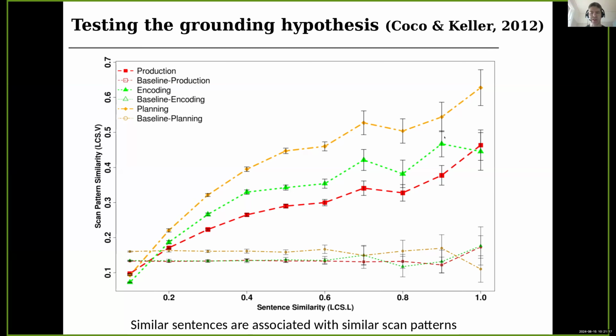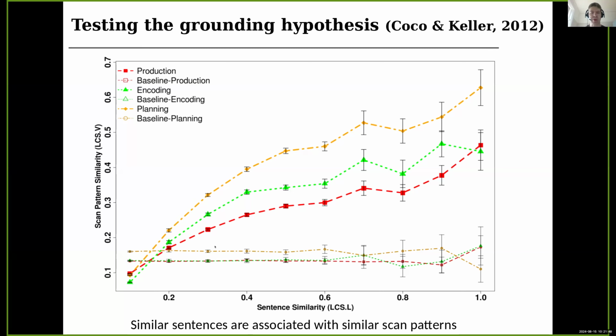Right, it's not perfectly linear, but there's a clear correlation, and this actually holds across various phases of the production process. So there's a preparation phase, then there's the actual production phase, there's a planning phase, and so on. So in that work, we divided up the scan pattern into these phases, which will not be relevant to today's talk, but it's just something to bear in mind that this is actually general across different phases.